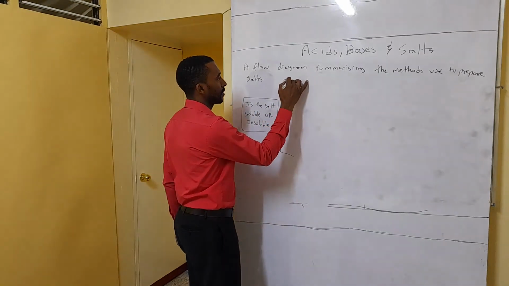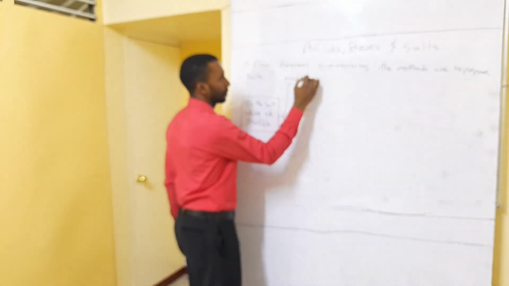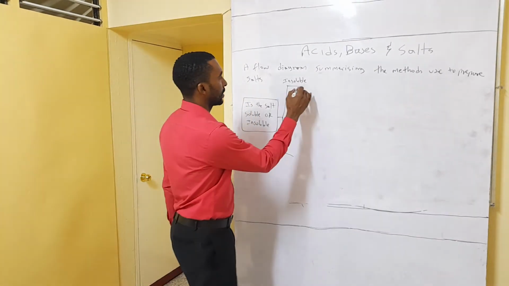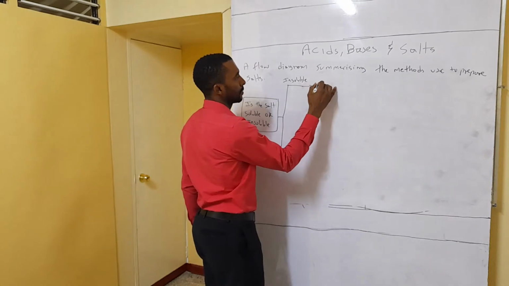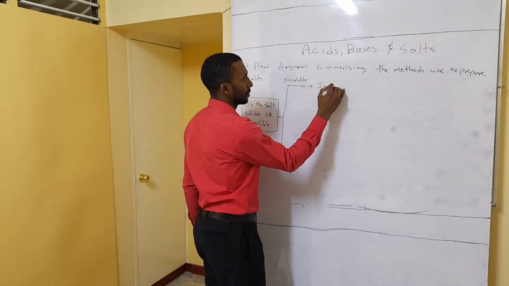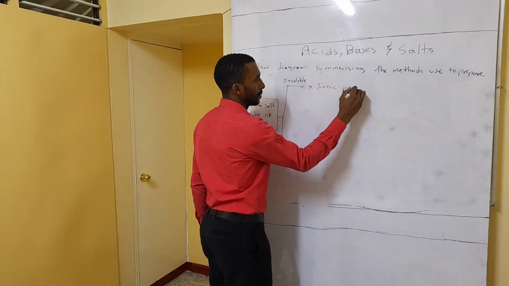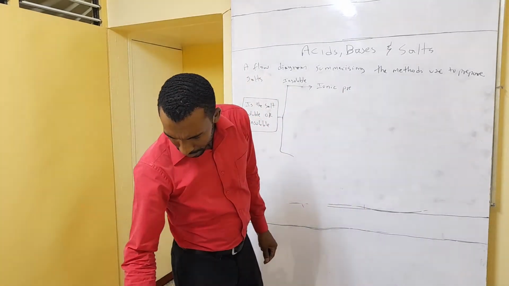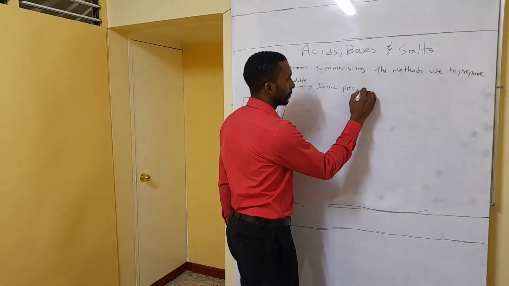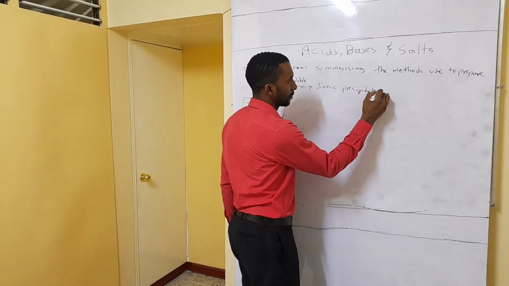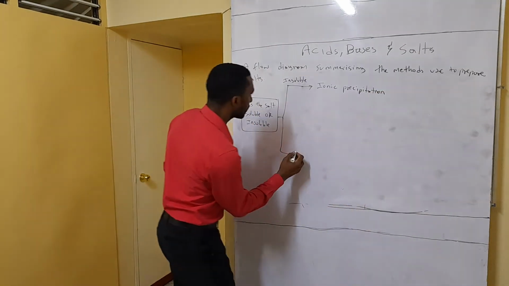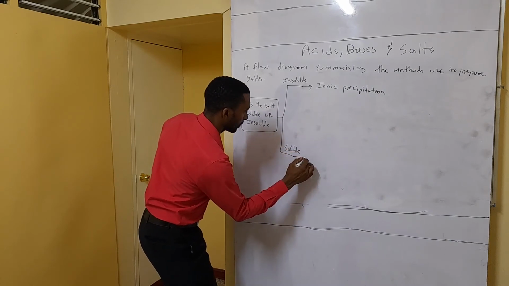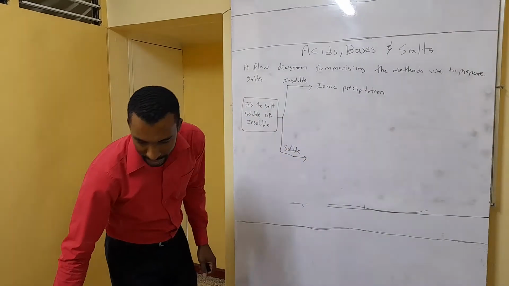If it's insoluble, use ionic precipitation. If it's soluble, you have to ask another question.